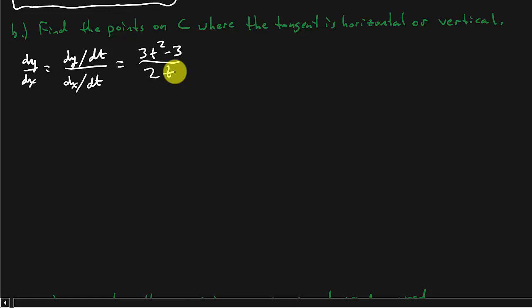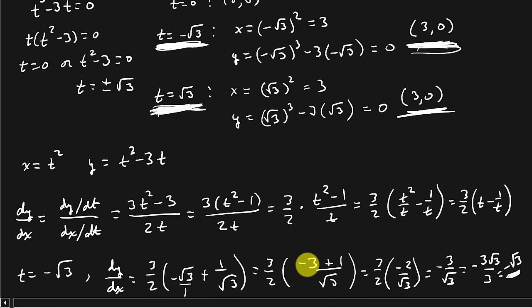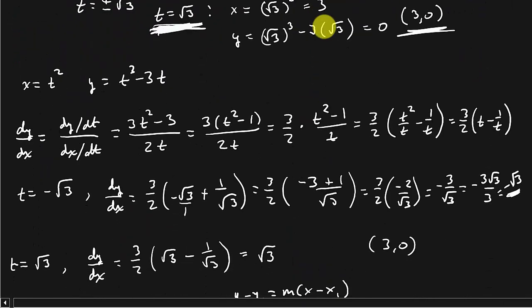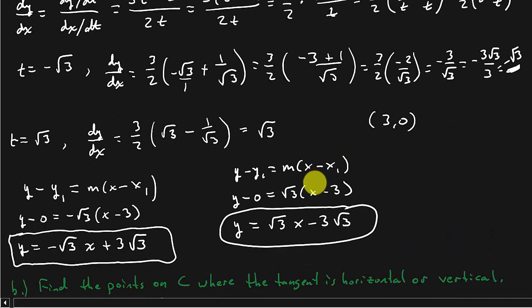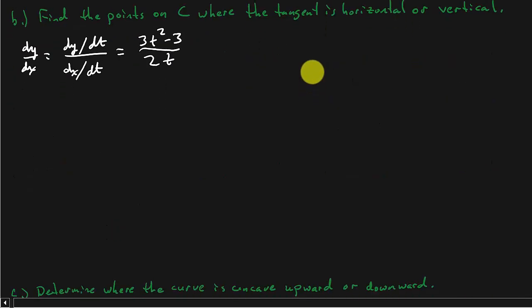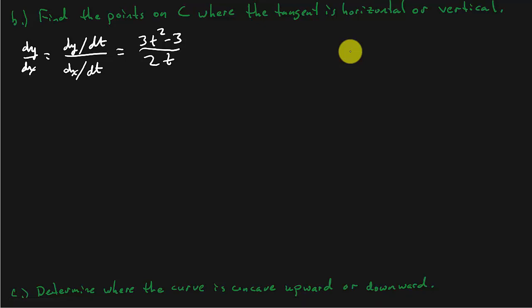And yes, I know we simplified it earlier, right here. We did the dy dt over dx dt, and we went through and simplified it for our derivative. But let's think about this a little bit. Yes, we can go through and simplify it, but let's hold off on that just real quick.